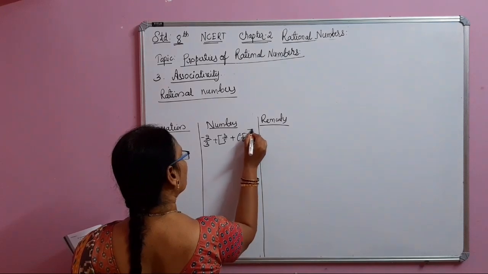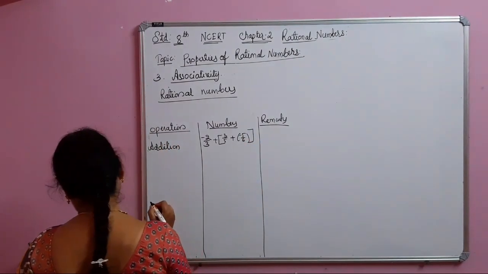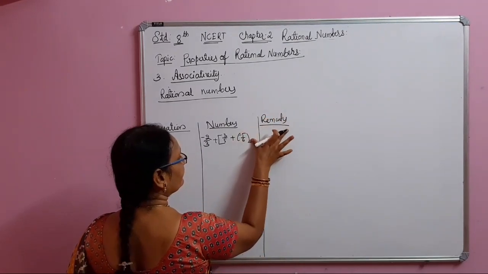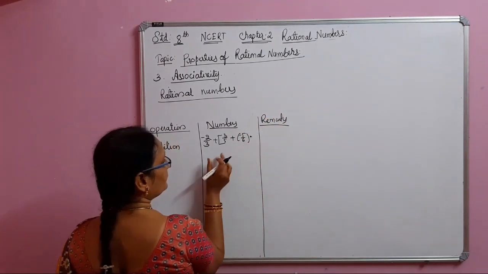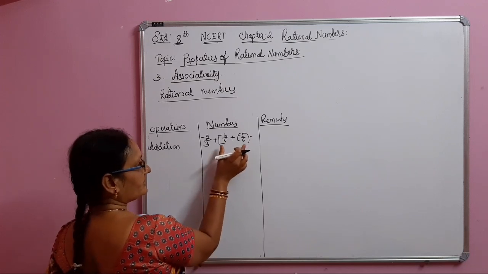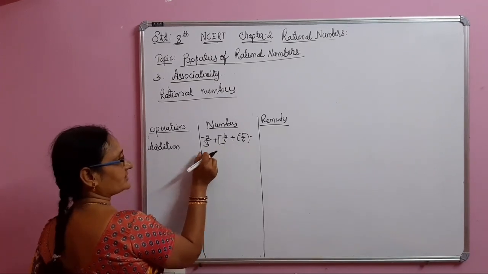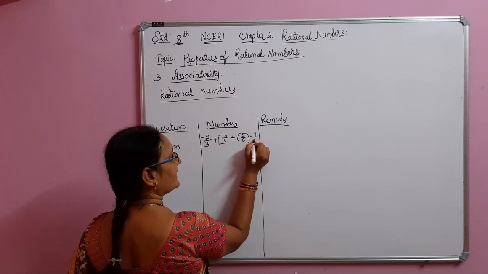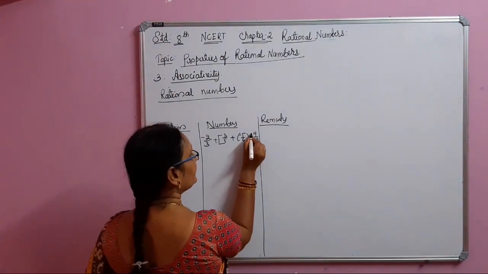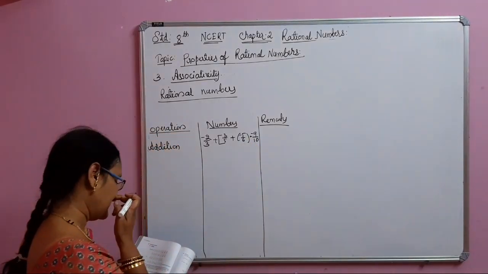When you do this all, the answer you will get is minus 9 by 10. First you have to add these, taking the LCM. Then the sum we have to add to this. The whole answer is minus 9 by 10.